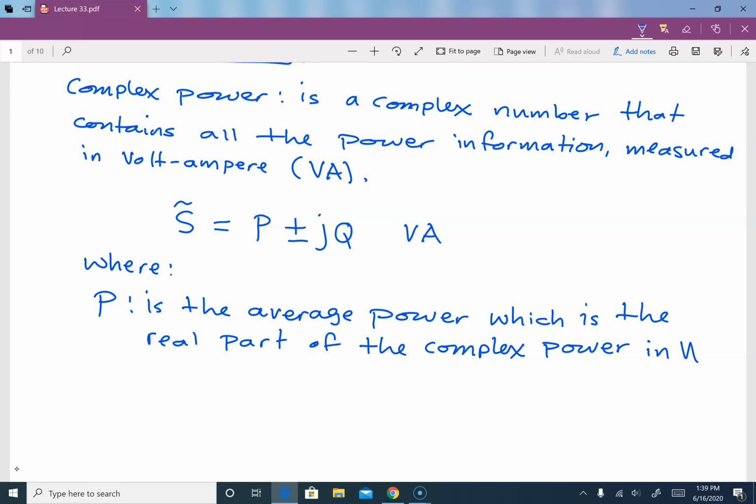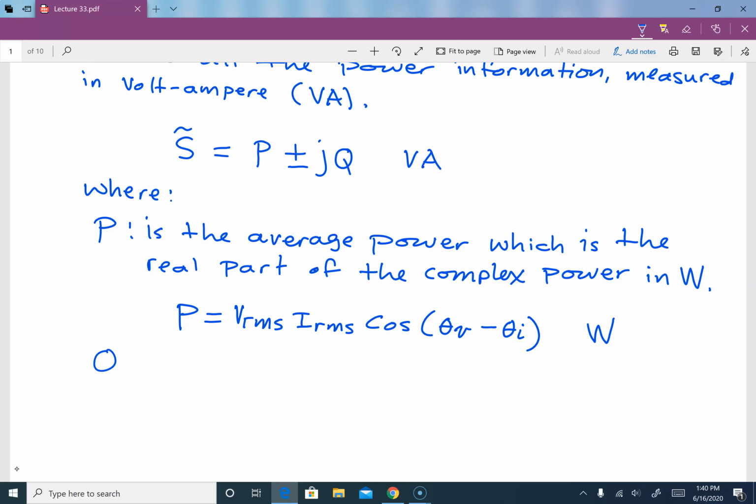And that is in watts. So our P is equal to VRMS IRMS, and these are magnitudes, multiplied by cosine of theta V minus theta I, and that is in watts.